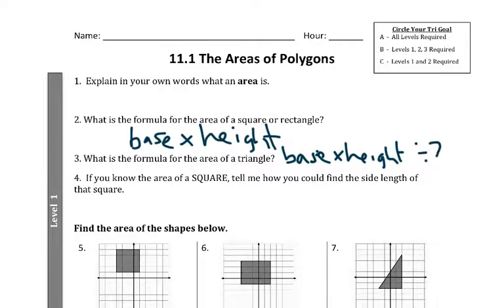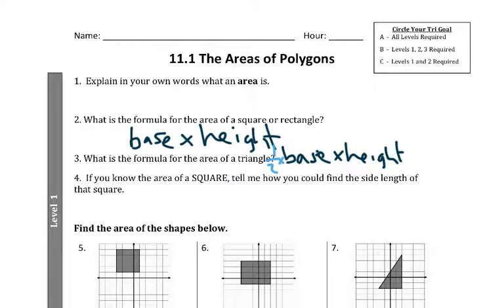Some people say divided by 2, but it's really also common to say 1/2 times the base times the height. Any are fine. I usually think of it as being divided by 2, but it's a much more common formula to use 1/2 base times height.